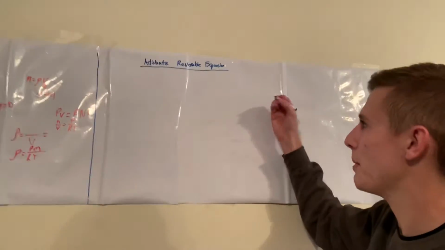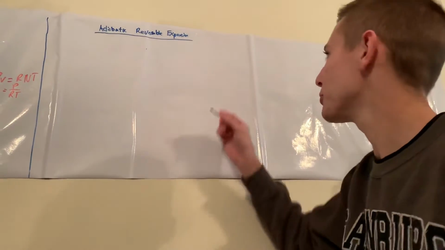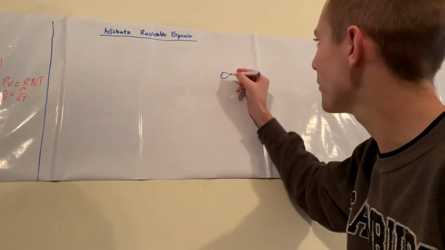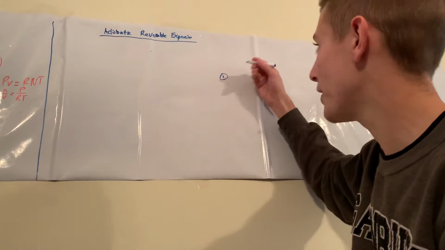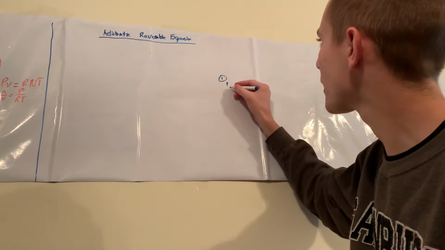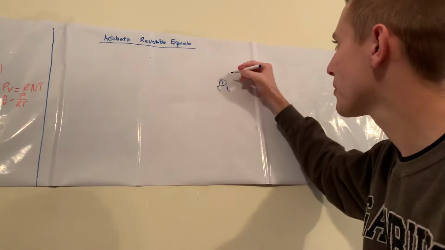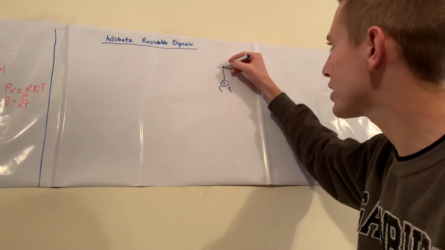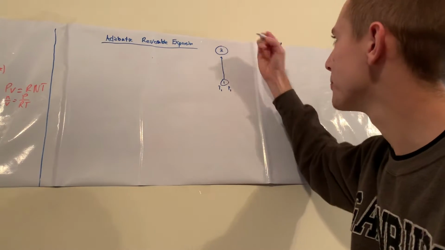So let's imagine you have a pocket of air, basically kind of like a balloon. The pocket of air is at some position 1, so it has some pressure 1 and some temperature 1 at this position. And let's say over time it rises up to a higher position 2.